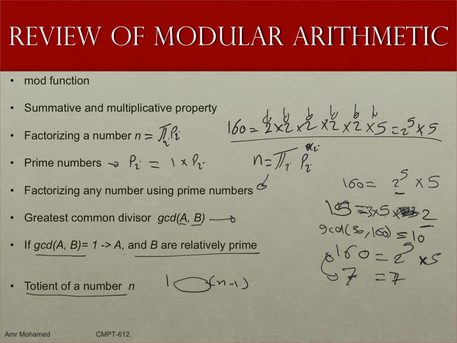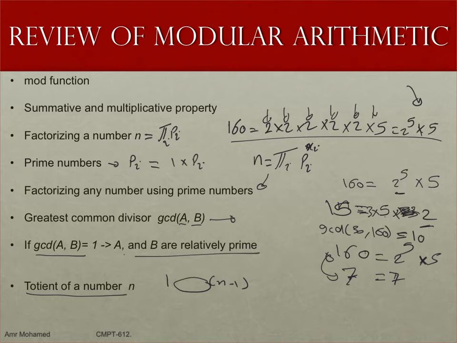Like, for example, if we say 160, what is the totient of 160? We have to go through all the numbers between 1 and 159 that are not divisors of 160.